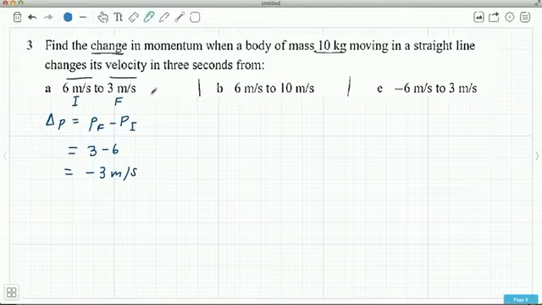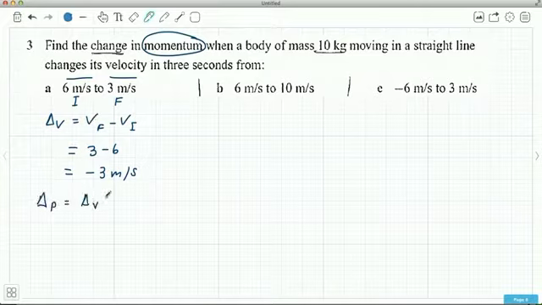Now that is actually its velocity. It's not the change in momentum, and actually really I shouldn't have used p's here. Your change in momentum is going to be the change in velocity times mass, because remember that p equals mv.